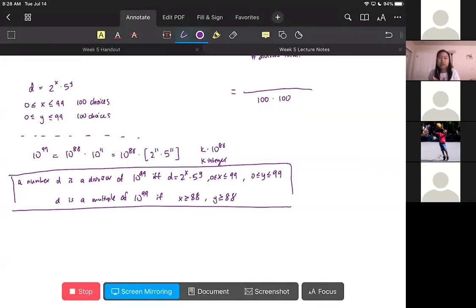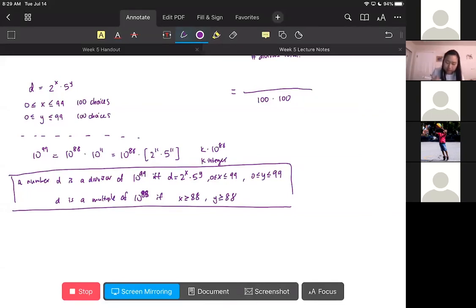Now, for D to be a multiple of 10 to the 88, we basically need 10 to the 88 to divide D, which means 2 to the 88 divides D and 5 to the 88 divides D. The only way we can have that is if x is greater than or equal to 88 and y is greater than or equal to 88.